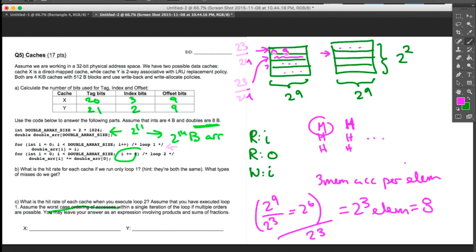So if you haven't already identified, every single block is just going to be 23 over 24. And I believe you require 8 of these mini caches of the two-way associative cache to fill up your entire array. This pattern is just going to repeat itself for each block, so we know that the answer to Y is just 23 over 24.